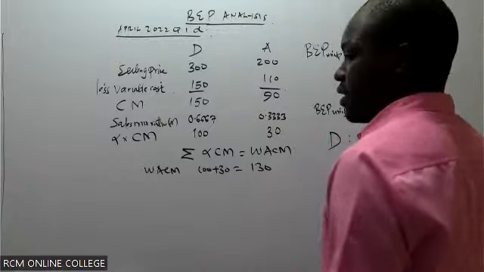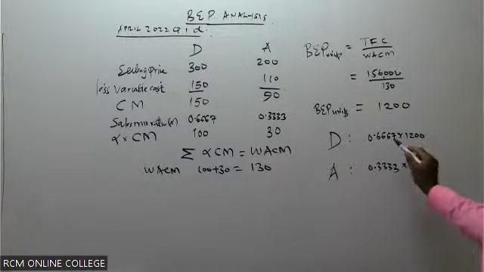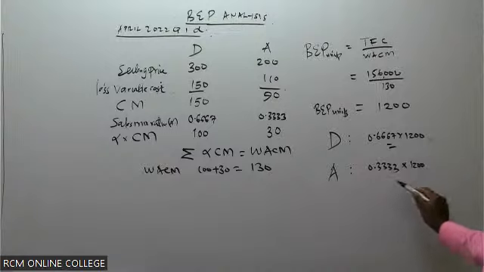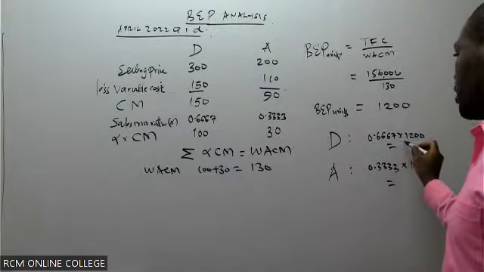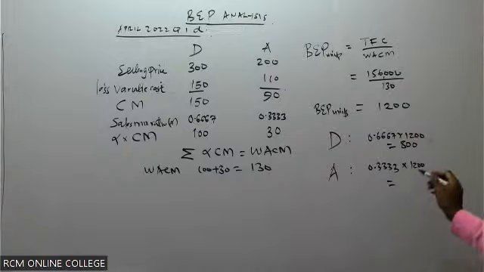So what is the share? D will have 800 and A will have 400.